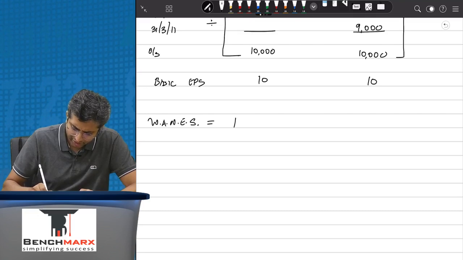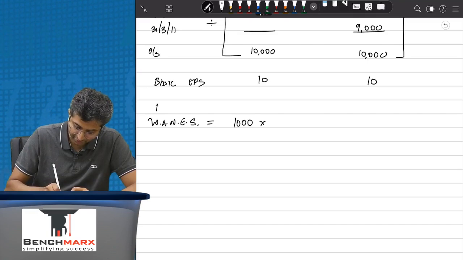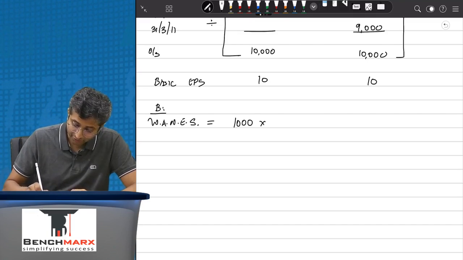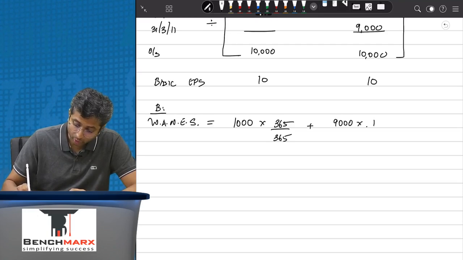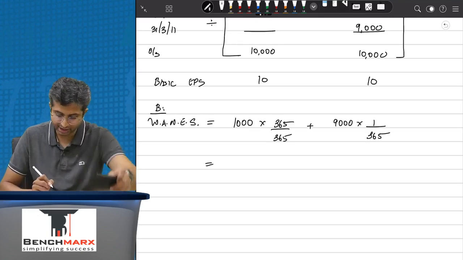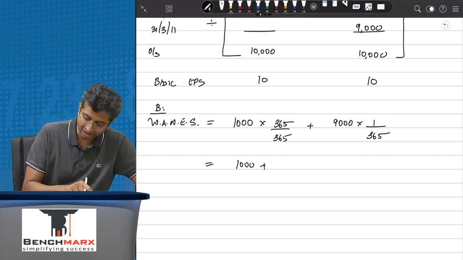So over here there are various ways in which it can be calculated. Let's say 1000 shares, for company B, are outstanding for the entire 365 days in a year. However, the remaining 9000 shares are outstanding only for 1 day, and as a result, the WANES over here should be 1000 plus the time weight.